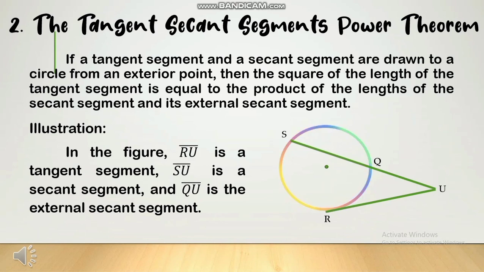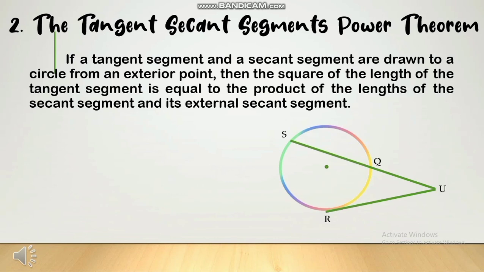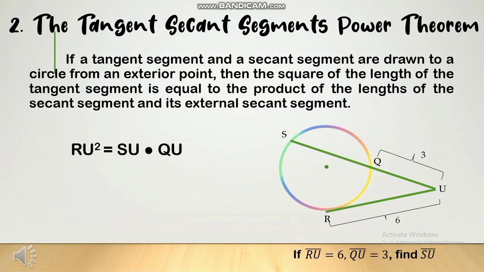If segment RU is 6 and segment QU is 3, find SU. The tangent is squared. So RU squared is equal to SU times QU. The square of the tangent is equal to the product of the secant segment and the external secant segment.